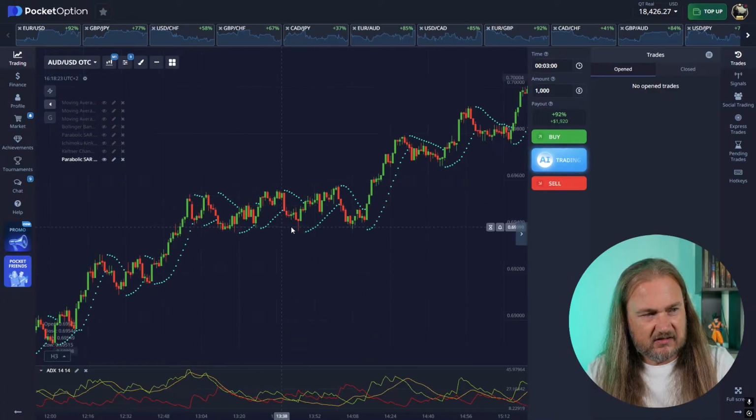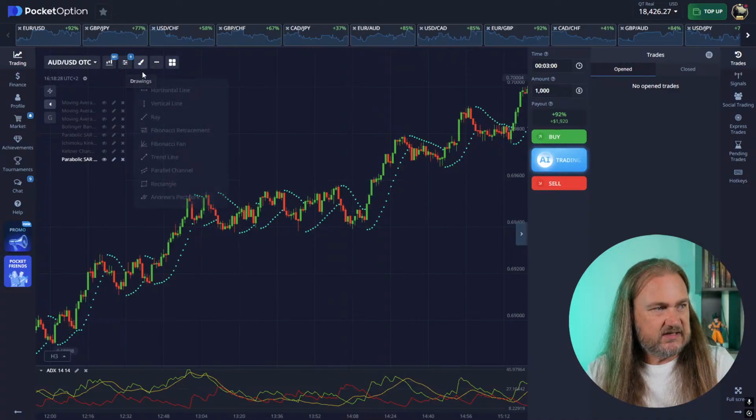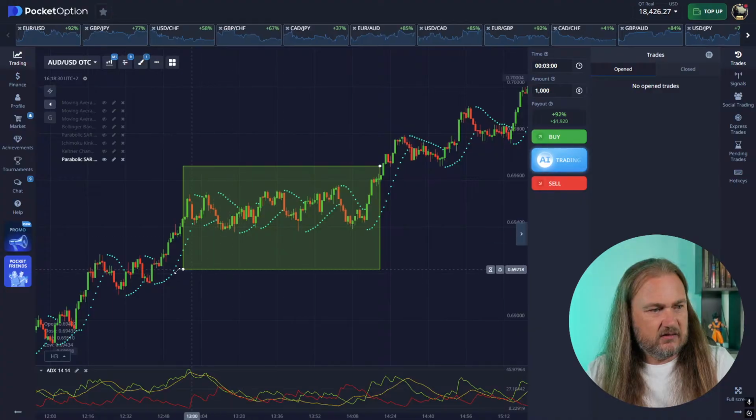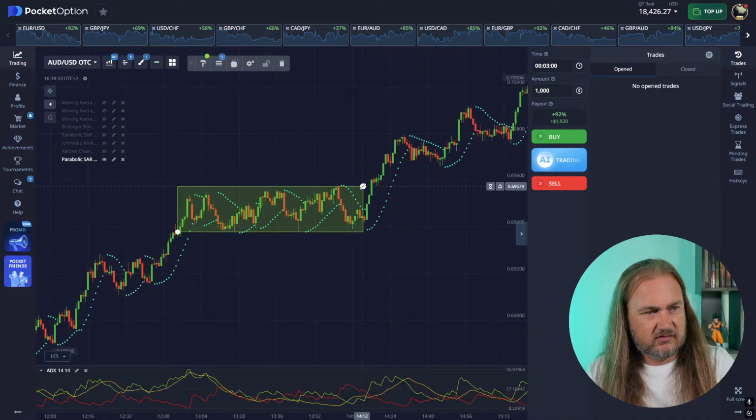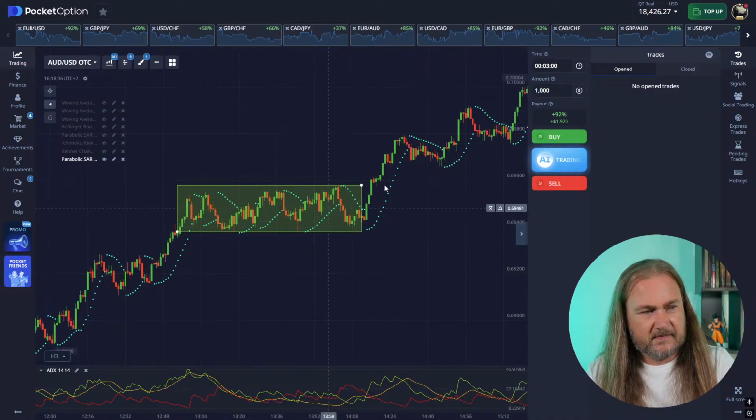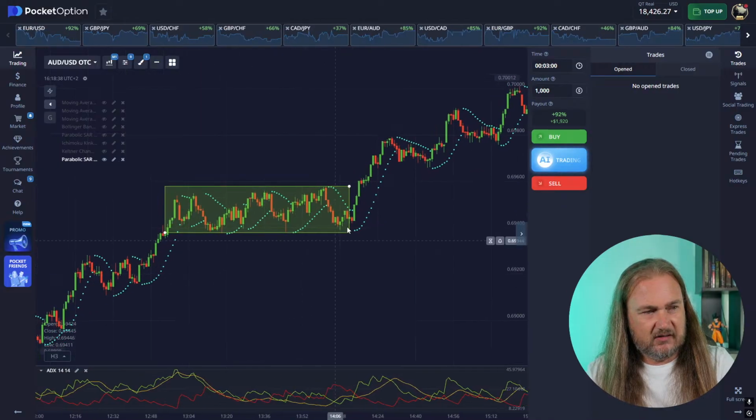And this area here is where we don't really want to trade. We can clearly see the price is in a range here, so we definitely don't want to trade in that.